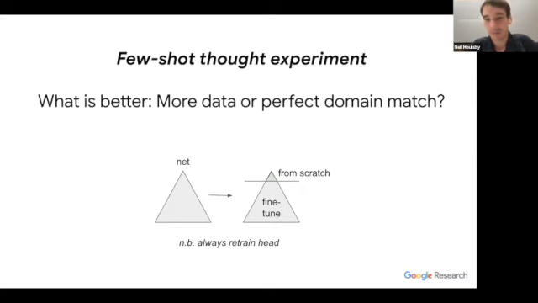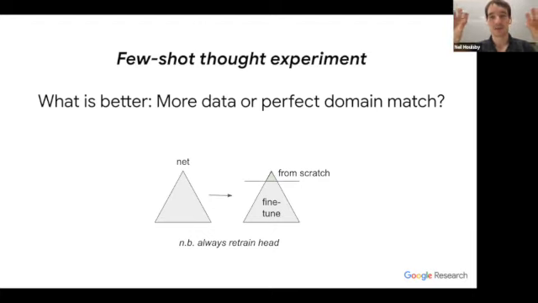The experiment is the following. The downstream task is ImageNet one shot. So we'll show the network for fine tuning one example per class on ImageNet. So really extreme low data. And when we fine tune, we'll remove the classifier head of the network and retrain it from scratch. So it has to relearn the few million parameters in the head and simultaneously fine tune the rest of the network.